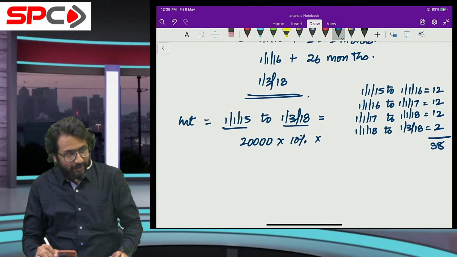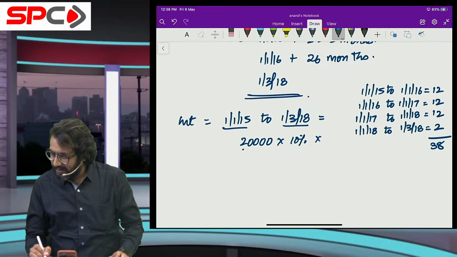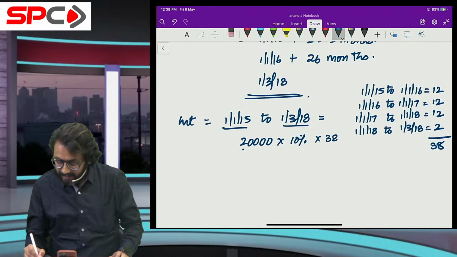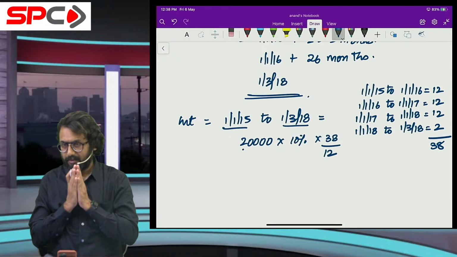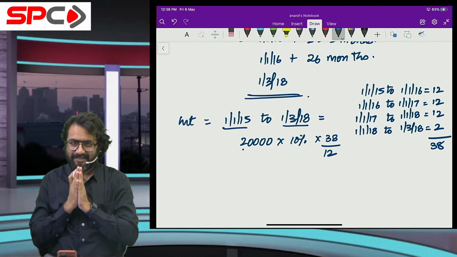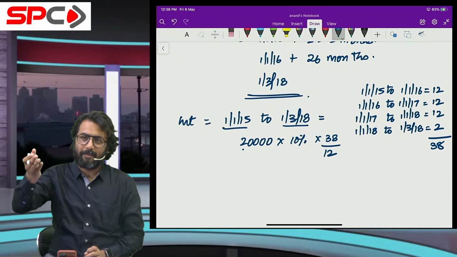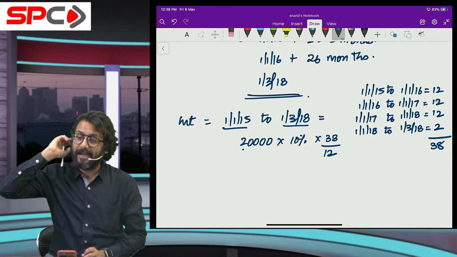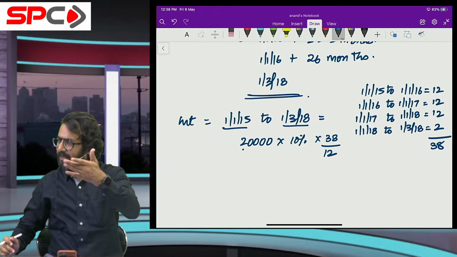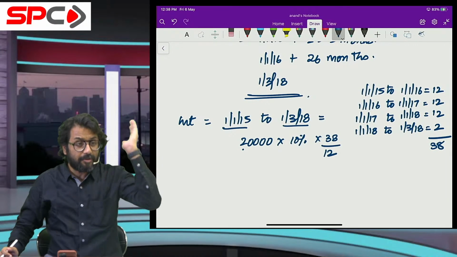So I am saying 20,000 into 10% into 38 divided by 12. Have you understood this? 10% is for 12 months. I don't want it for 12 months, I want it for 38 months. So I'll simply say 38 divided by 12. Did you used to do it in your childhood?